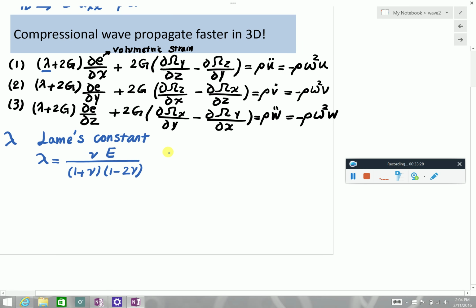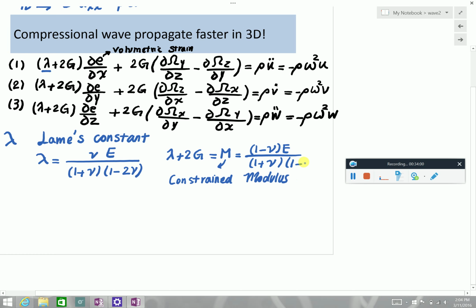And so lambda plus 2g is called the constraint modulus, and it is (1 minus nu) E over (1 plus nu)(1 minus 2 nu).